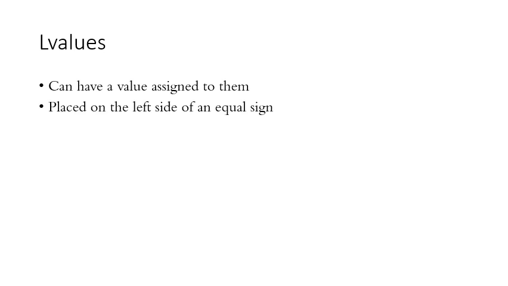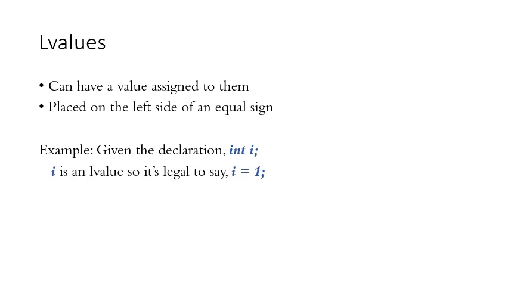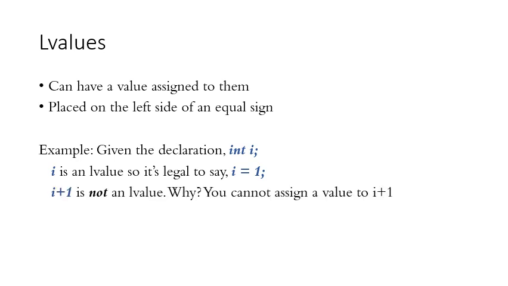And what else? Again, an L value can have a value assigned to it, and it's placed on the left hand side of an equal sign. For example, given the declaration int I, I is an L value, so it's legal to say I equals 1, but I plus 1 is not an L value because you cannot assign a value to I plus 1, and I plus 1 is just a computed value.